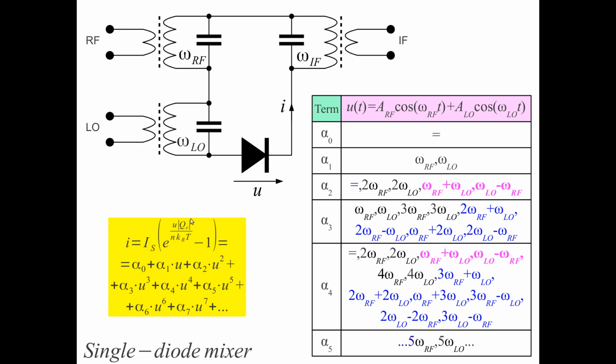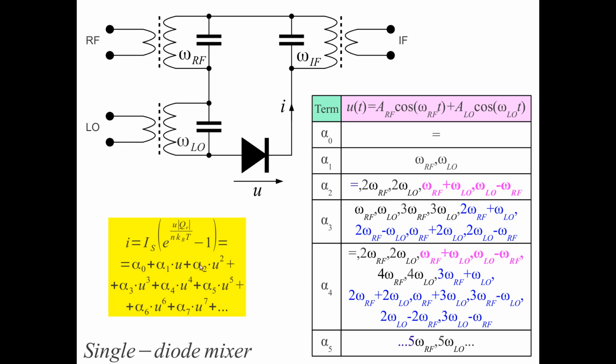An exponent function in mathematical theory includes all possible powers: 0, 1, squared, cubic, fourth power, fifth power, and so on. So if we develop this exponent function into a series, we obtain all possible powers of the applied voltage here.